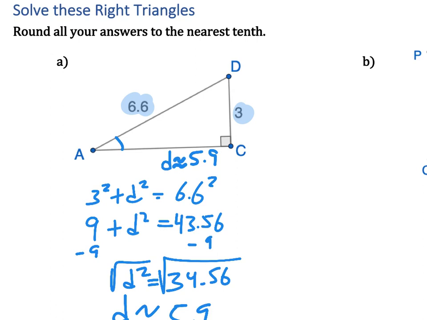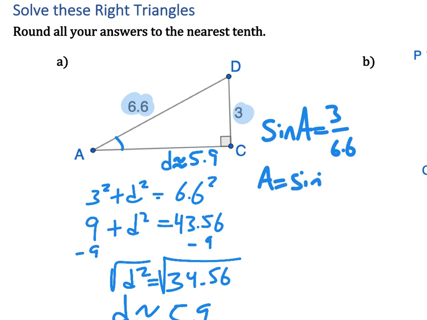Well, let's find angle A. We know this is the opposite to angle A, and this is the hypotenuse. Which one is opposite over hypotenuse? That's the sine, SOHCAHTOA. We know the sine of A is 3 over 6.6. So how do we go backwards? We rewrite this as the inverse sine of 3 over 6.6. It's fine that it has a decimal in there.